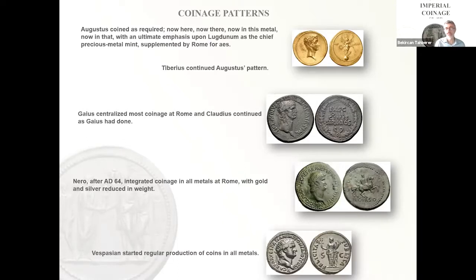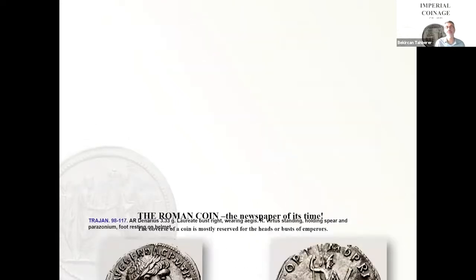And Vespasian simply started regular production of coins in all metals in many different parts of the empire. So until Vespasian, the coinage came from 2 main sources in the western part of the Roman Empire. Depending on how the emperor felt about his power and position, they were either minted at Rome or at the Lugdunum mint.